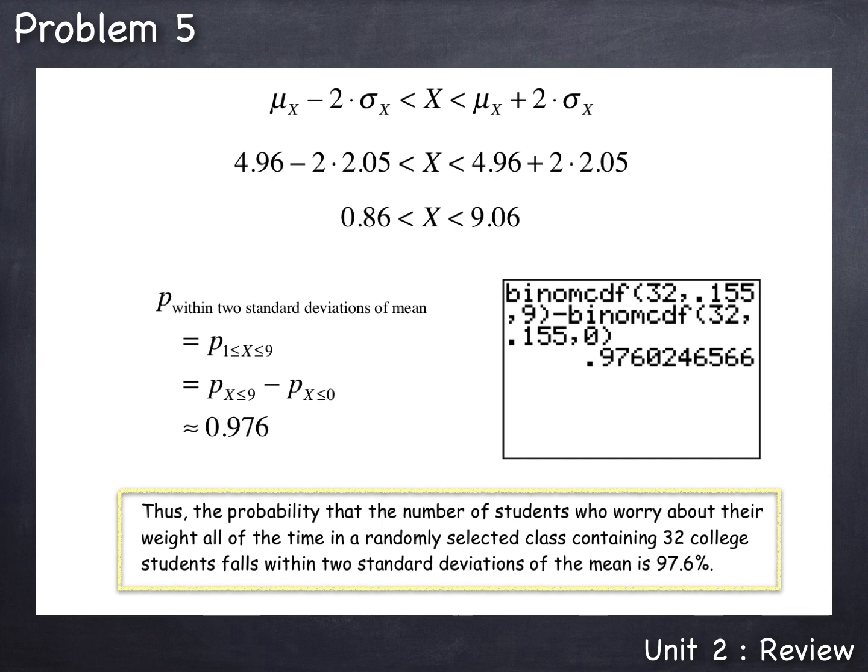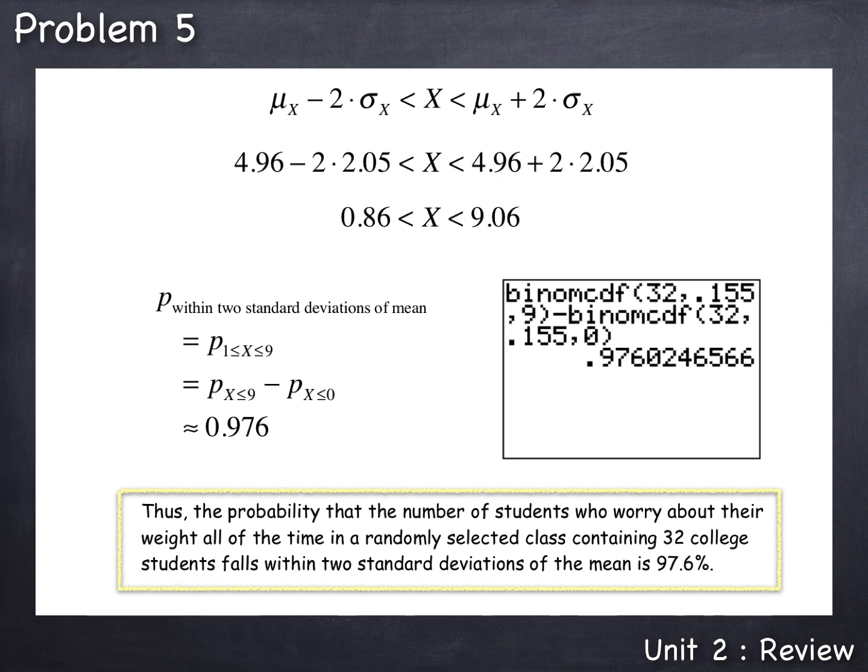Now you might have noticed that in the commands I presented here in the solutions, I used 9 for the upper level instead of 9.06, and 0 for the lower level instead of the 0.86. I did this because the binomial probability distribution is discrete. That is, the number of students who worry about their weight can only take on whole numbers only.